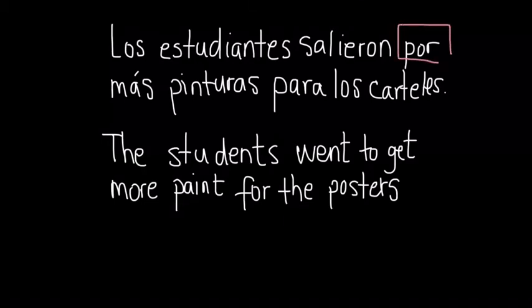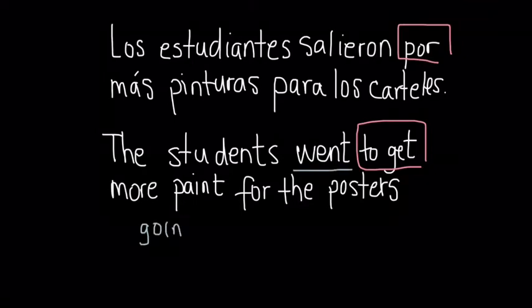In this example, por is the equivalent of to get. And in this case, the goal or the object of the students going out is finding more paint.